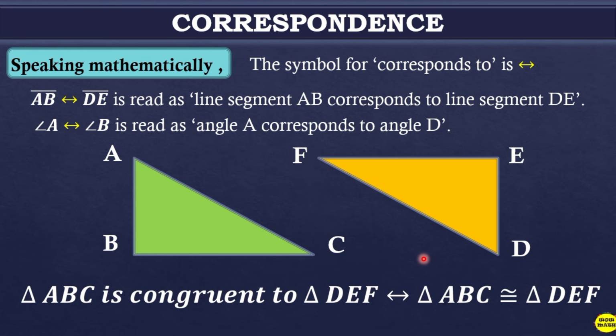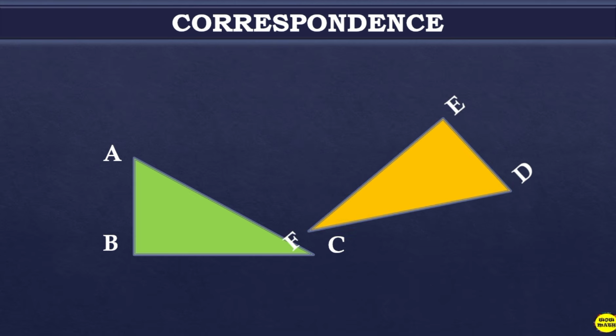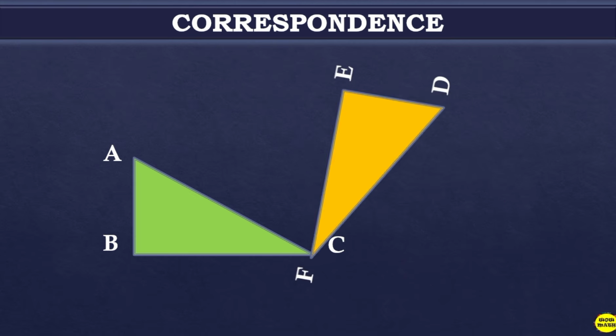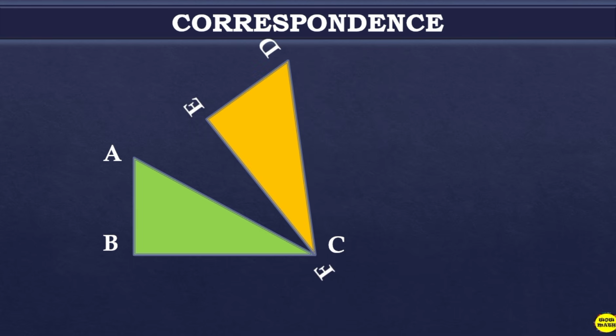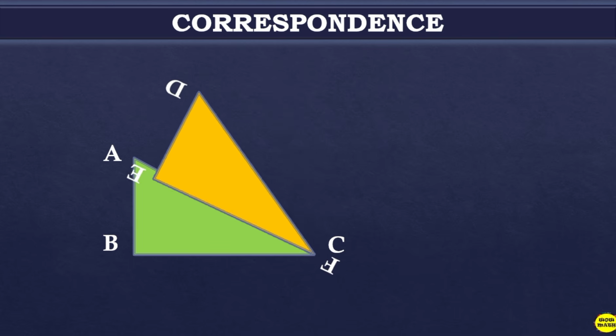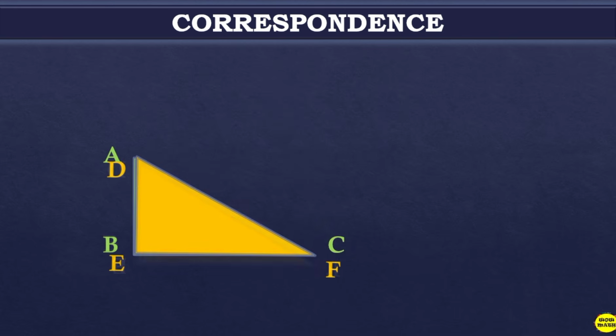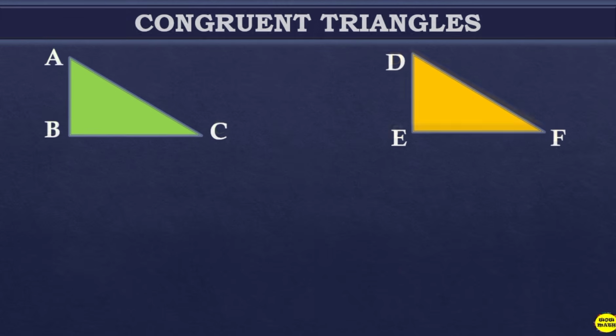So how do we know they are congruent? Let's flip it until they overlap. Okay, almost there. And that's it. So, we now have triangle ABC and triangle DEF.